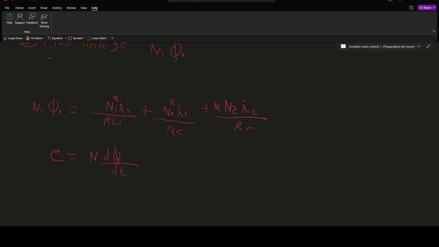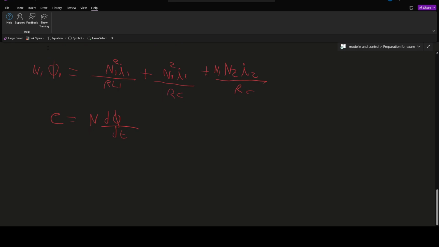So if we do this, it's like our flux linkage, but we are now differentiating it. Now if we look at this, we know that our number of turns is constant, our leakage, our L1, is constant too, and the only thing that is changing is the current in each one of these terms.